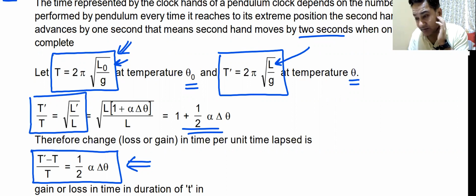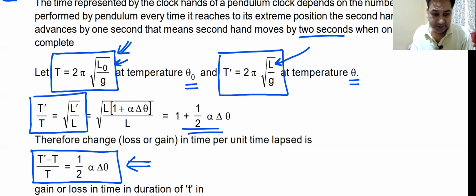Do you understand what is meant by T dash minus T divided by T? Change in the time period divided by the original time period. So this is basically time gained or time lost per second. Do you understand this word? Time gained or time lost per second.